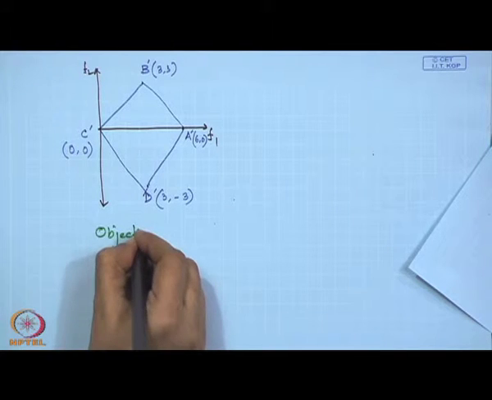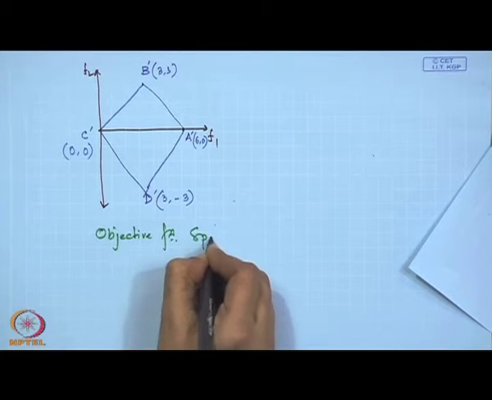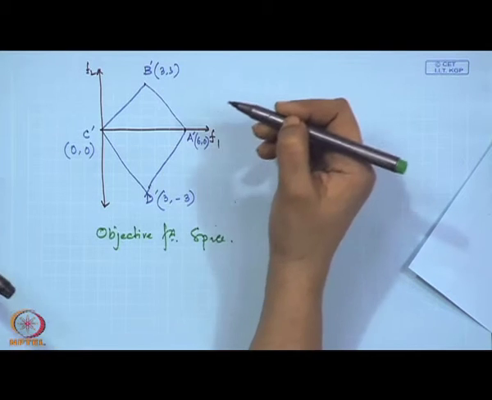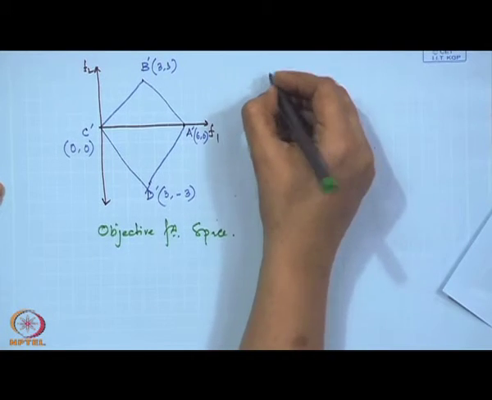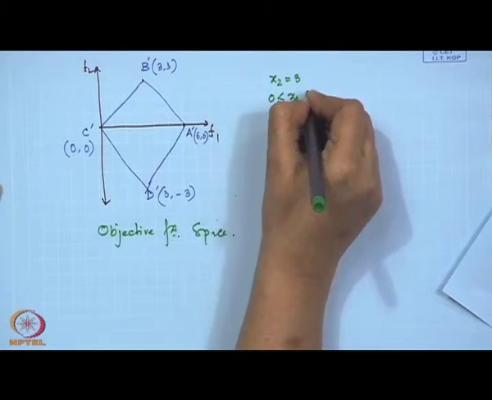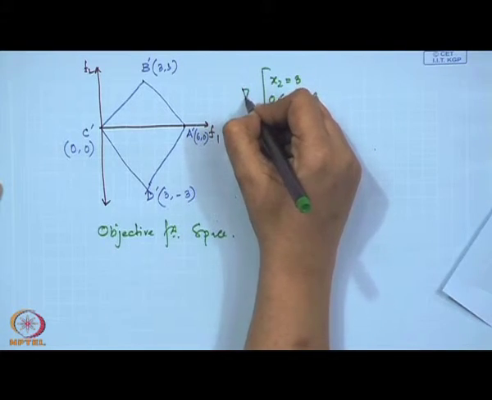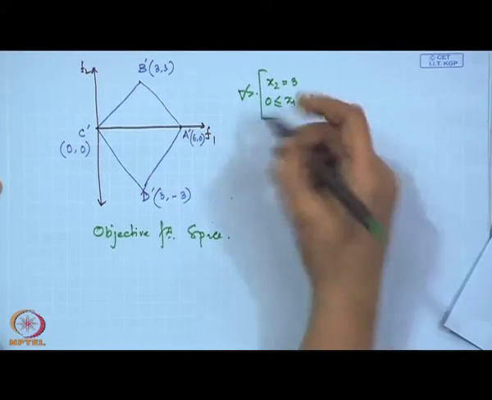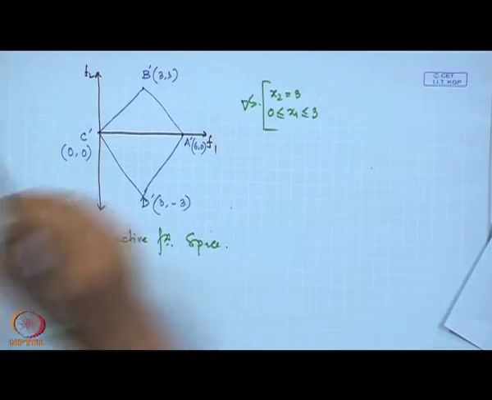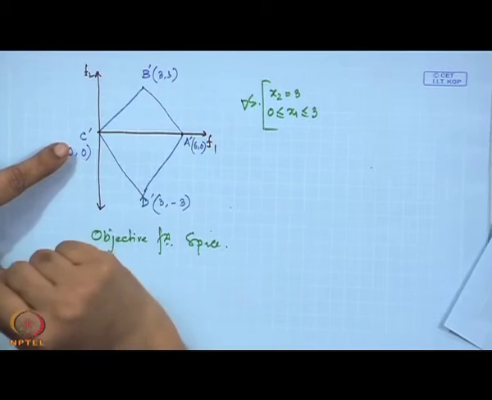And this is the criterion space where we consider the objective function values on the axes. Now, in this line, all these points constitute the non-dominated frontier, because you see F1 is maximum here, F2 is maximum here.